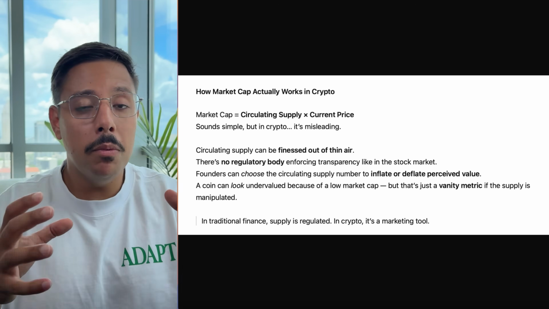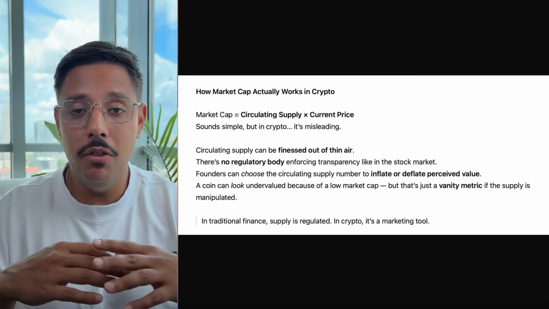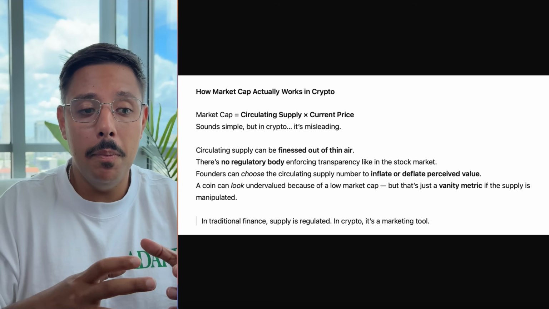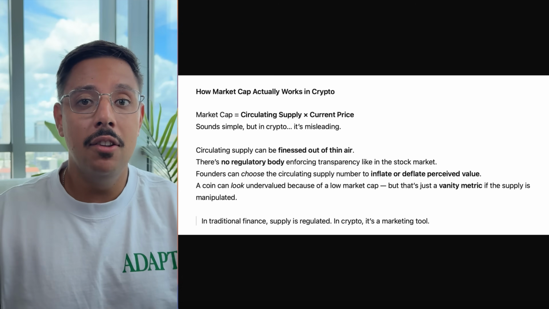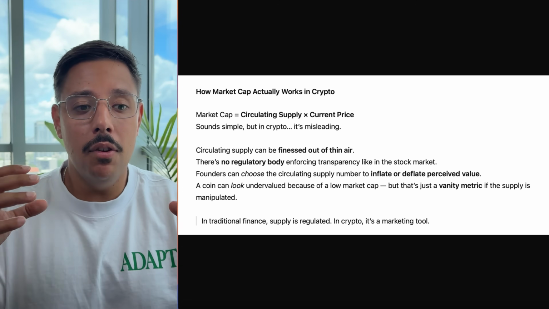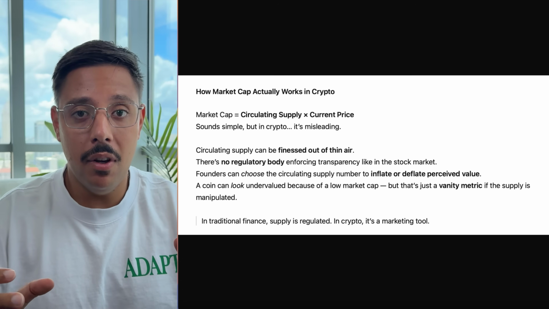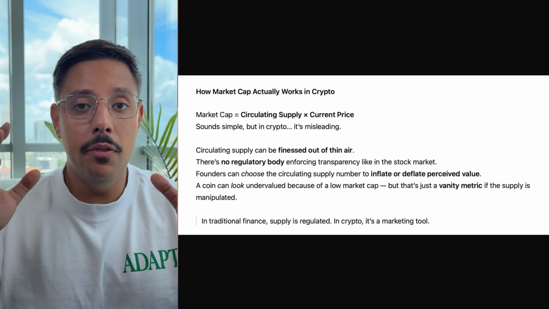And what they do in cryptocurrency, because it's not regulated, is they finesse it as much as they possibly can. They will on purpose make a very big circulating supply, as big as they possibly can, so that they come up higher on the CoinMarketCap and CoinGecko websites. So again, it is very misleading.